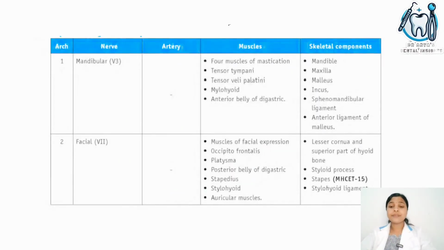So this is a table related to pharyngeal arches. The first one is the first arch, which is innervated by the mandibular nerve, and the artery is the first aortic arch artery.